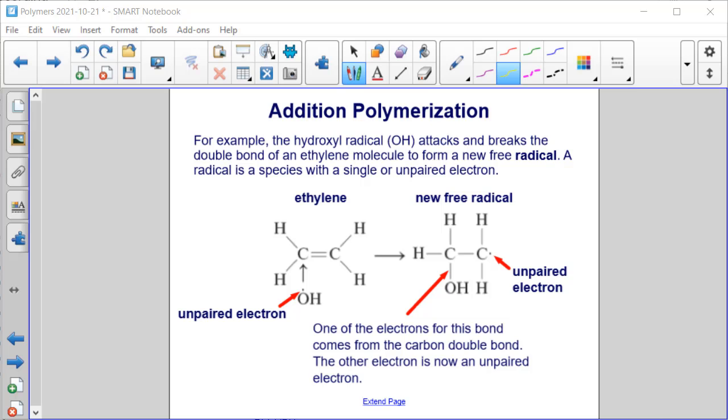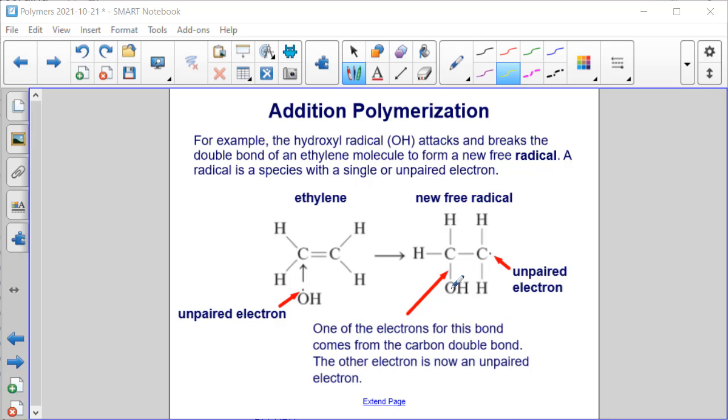All right, let's look a little more detailed at this addition polymerization process. As an example, the hydroxyl radical, and here's the radical right here, has an unpaired electron. It attacks and breaks the double bond, so we have a carbon-carbon double bond of this ethylene molecule.